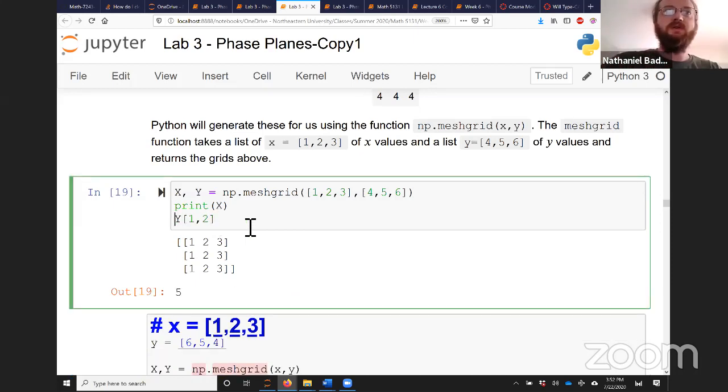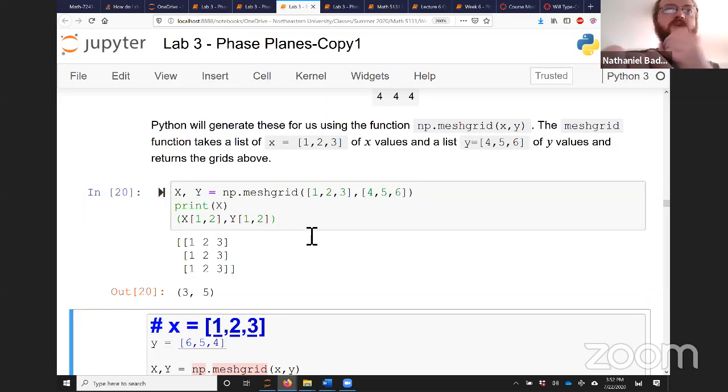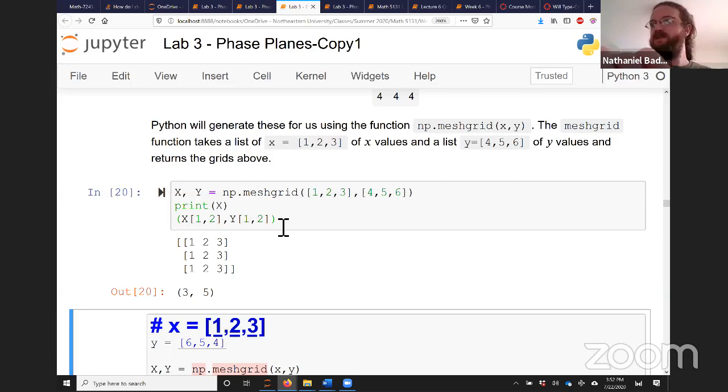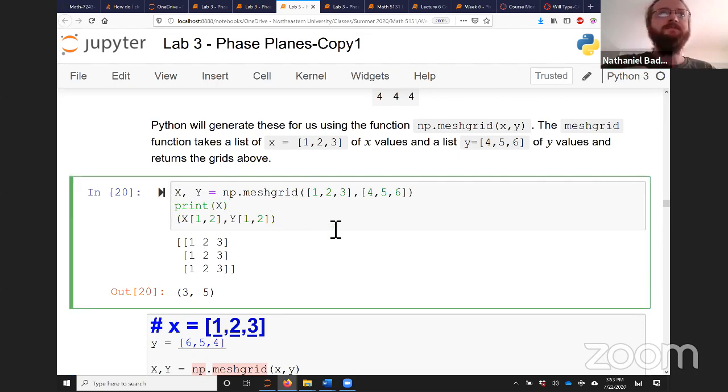If we were to do x1, 2, y1, 2, that is a tuple, and we could loop through all of these and produce all the tuples. That's not going to matter if it's 4, 4, 4, 5, 5, 5, 6, 6, 6. Certainly if the order matters, so if you were trying to display this as an image using something like imshow, then it would. You'd get an upside down image. But Quiver is just going to interpret this as a weirdly shaped list of coordinates. That's an important point.